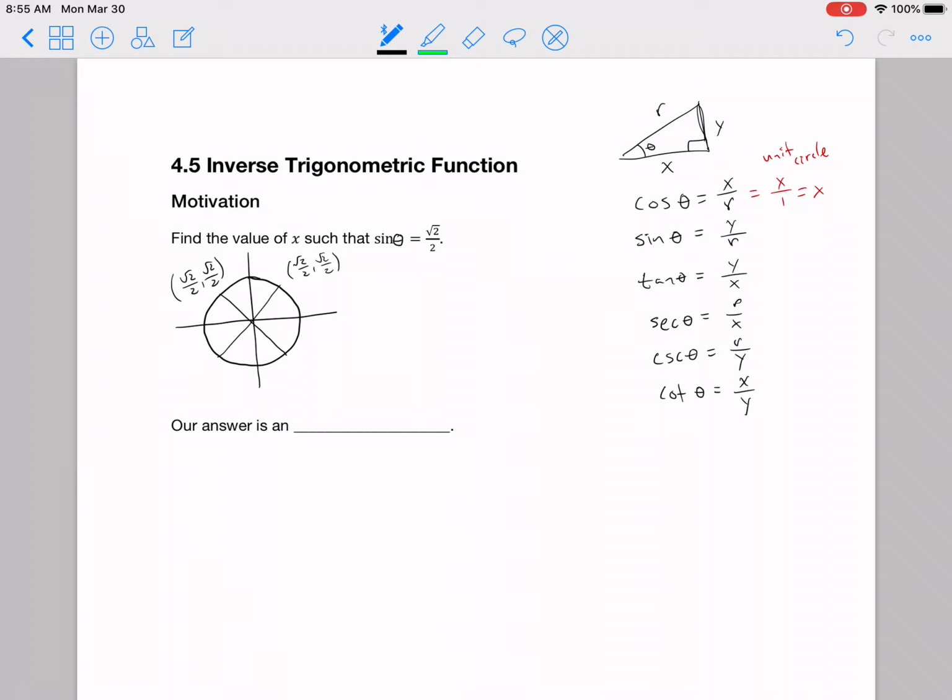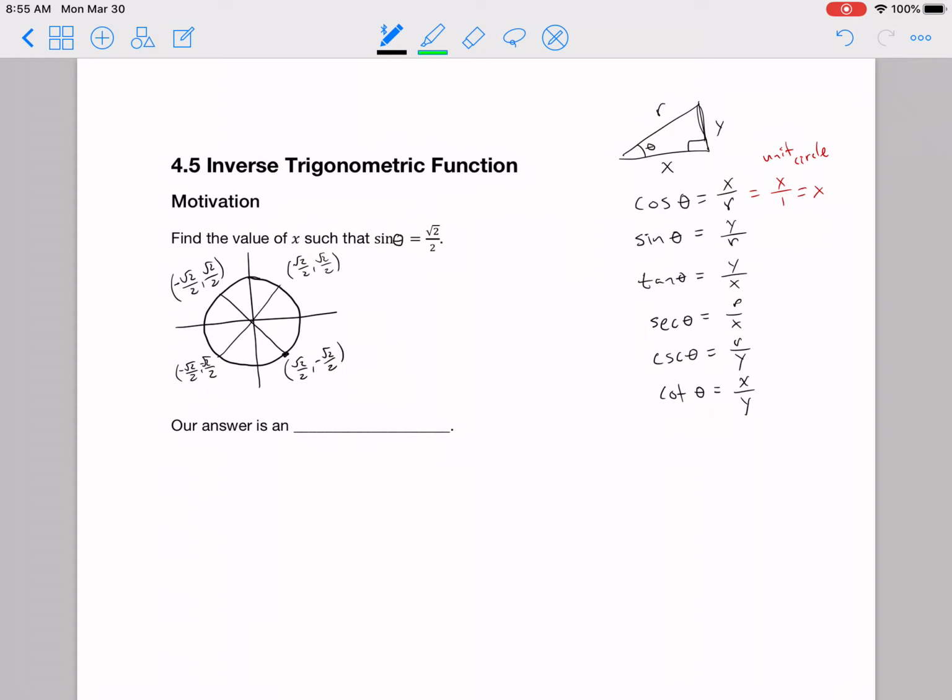And this one's negative square root of 2 over 2, square root of 2 over 2. This is negative square root of 2 over 2, negative square root of 2 over 2. This one is square root of 2 over 2, negative square root of 2 over 2. And so when we look at this, you notice it's asking us, when is the sine of theta square root of 2 over 2?